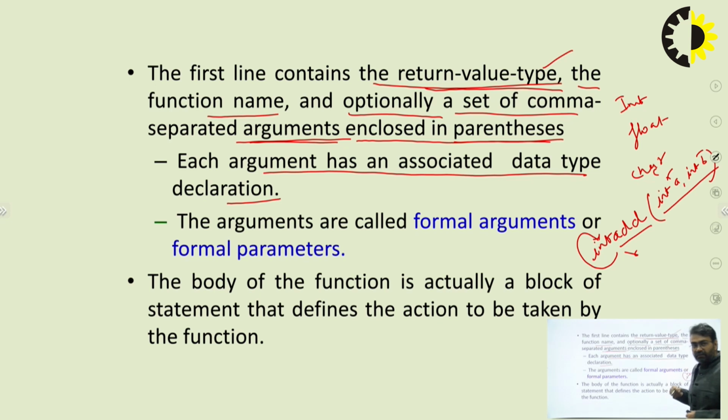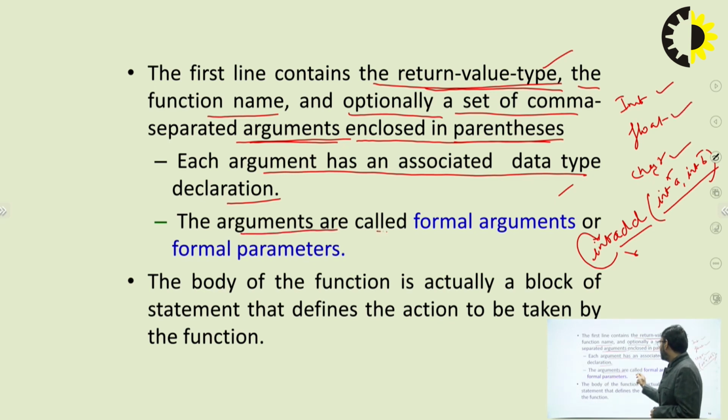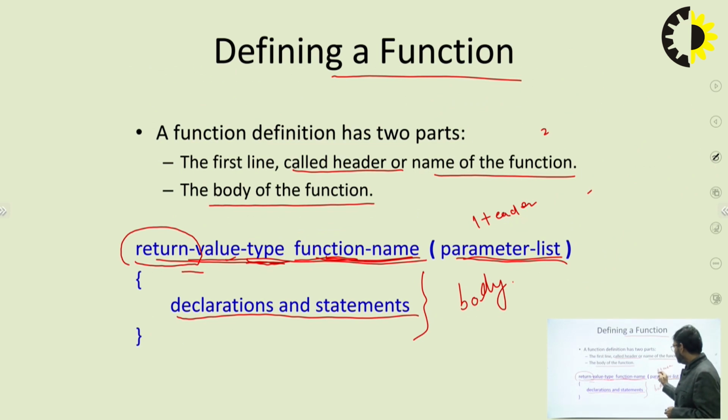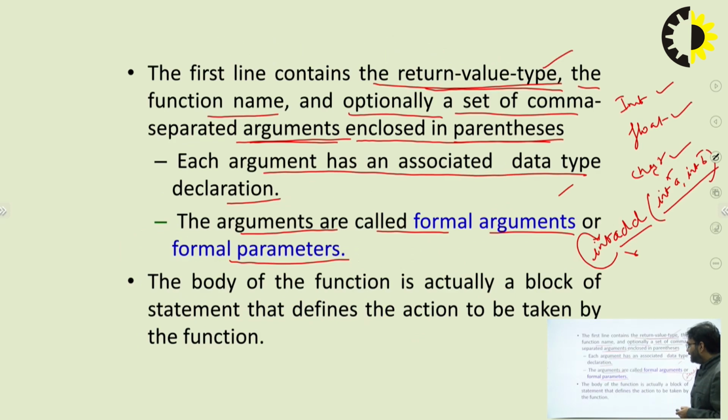It means whenever we define a function, the parameters used by that function must be declared with a data type like integer, float, character. Then the arguments are called formal arguments or formal parameters. It means in the definition of the function, the parameters can be called formal arguments or formal parameters.